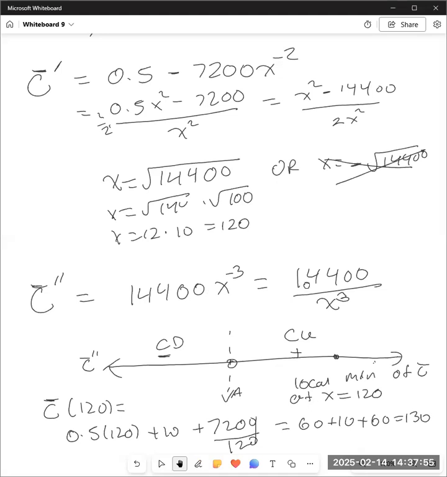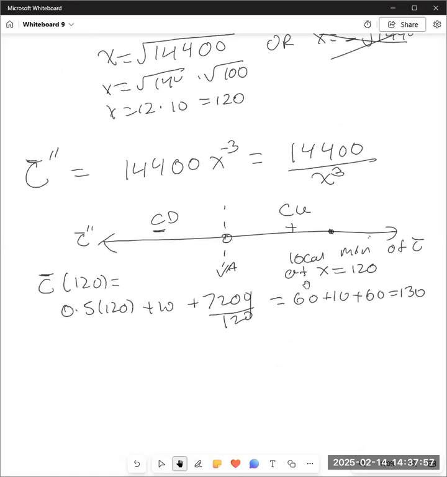So the production level that minimizes average cost is 120 units. The minimum C bar at 120 units is $130 per unit.